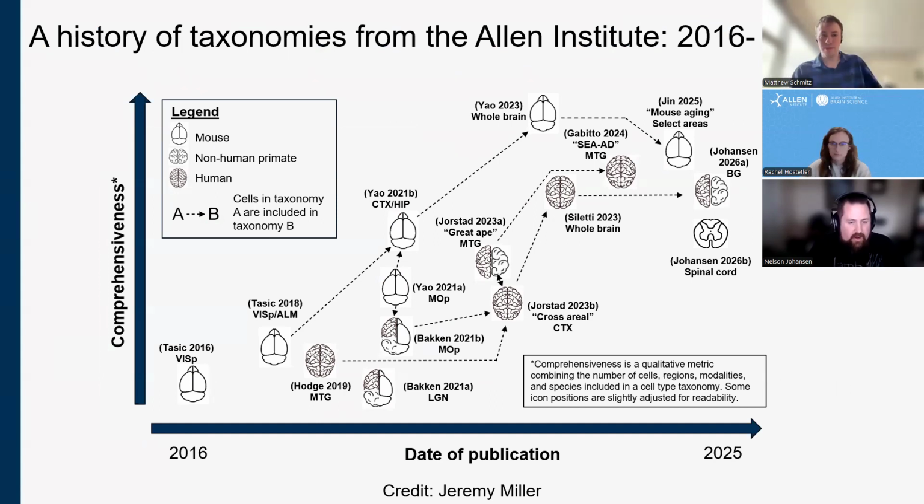This is a great diagram that Jerry Miller put together that shows on the x-axis different taxonomies in their data publication, along with on the y how comprehensive they were. So you go from visual cortex in 2016 to a very comprehensive whole brain atlas in 2023, and then extensions of that, more recently. As you can see, we kind of learned from our previous work.